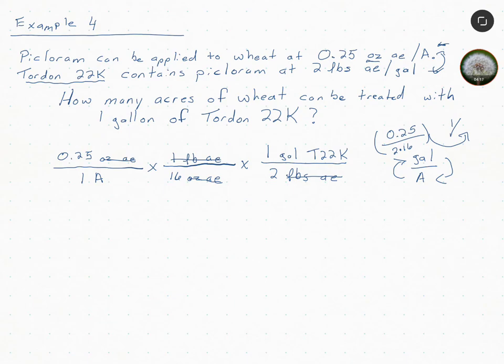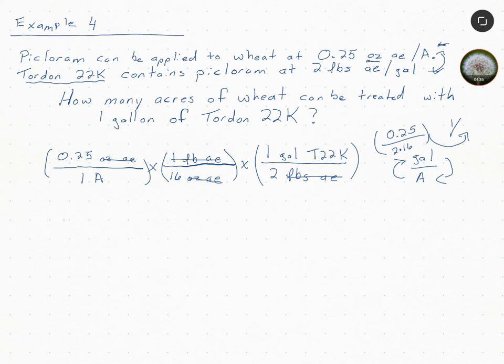But the other thing we can do, again, because all of these units are equivalent, if we flip the ratios the other direction, we can actually just set this problem up the other way.